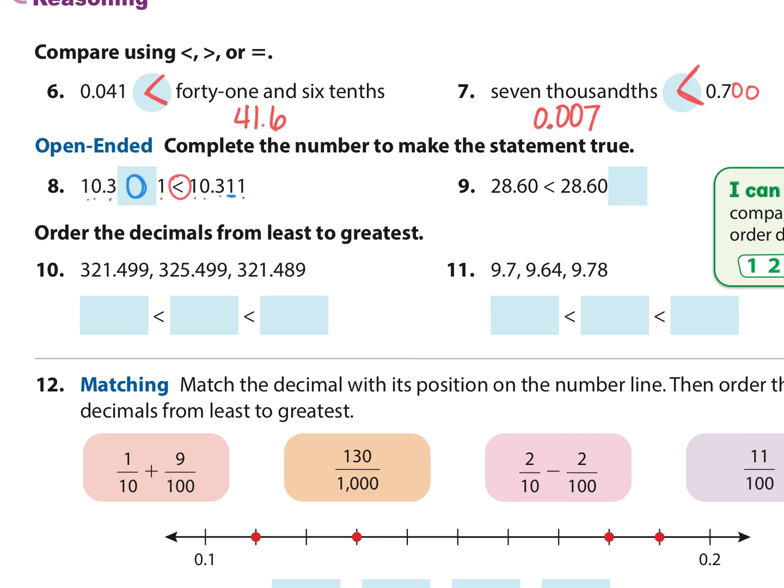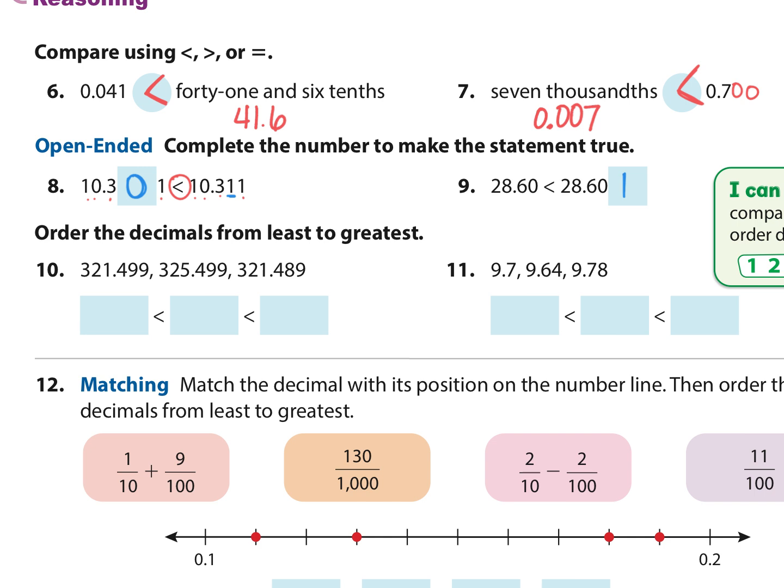Would that work? What else could I put? I could put a 1. Could I put something else? Yeah, you could put any number above 0. I can put any number greater than 0. So I could put 1, I could put 2, I could put 3, 4, 5, 6, 7, 8, or 9.